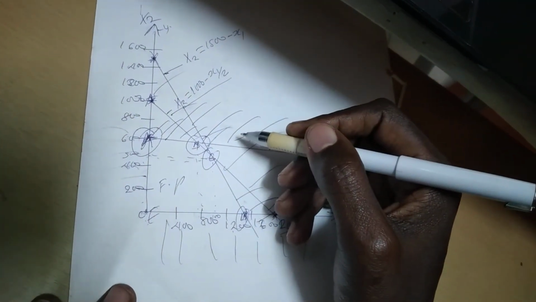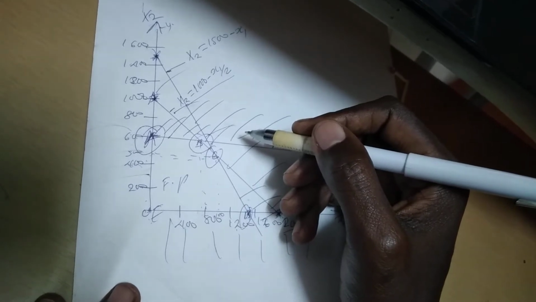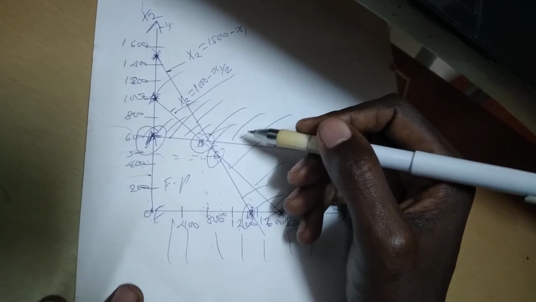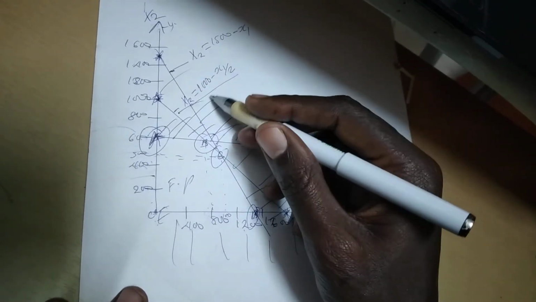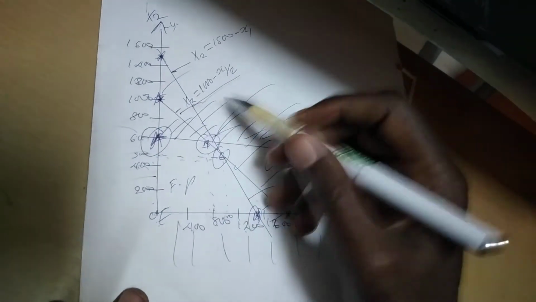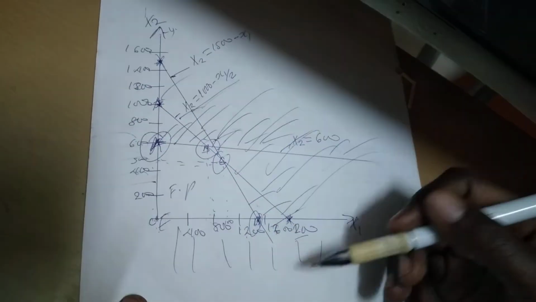Now in this graph, we are actually looking for what we call the feasible point, the point which is within our equation. So the feasible point will be less than, so the upper part will be shaded. That's why we've done the shading. We get the equation, it is below.